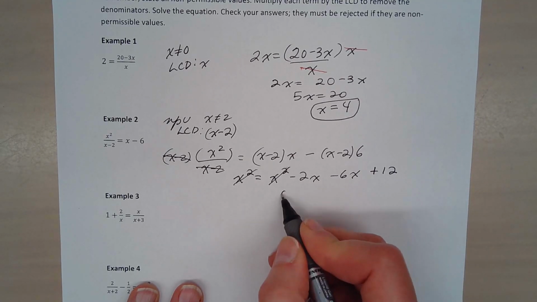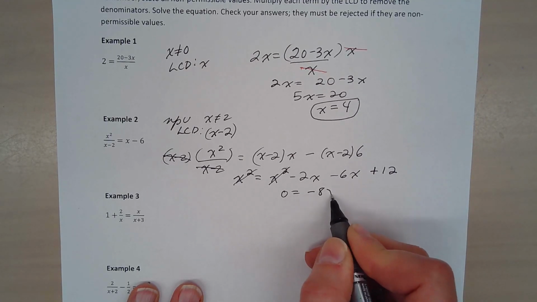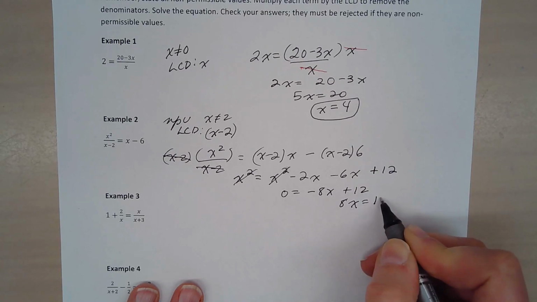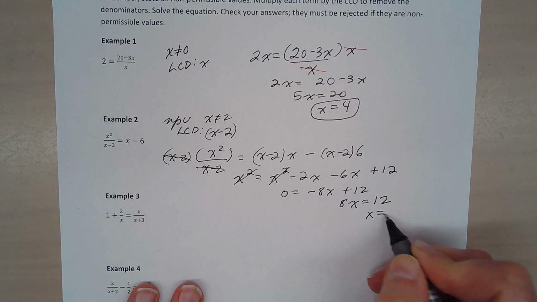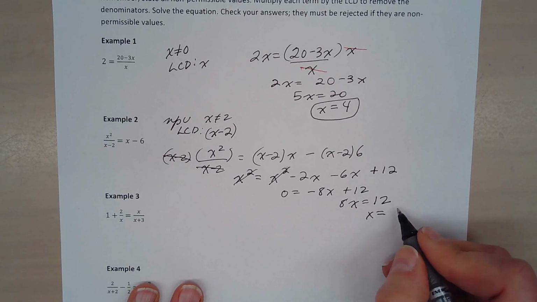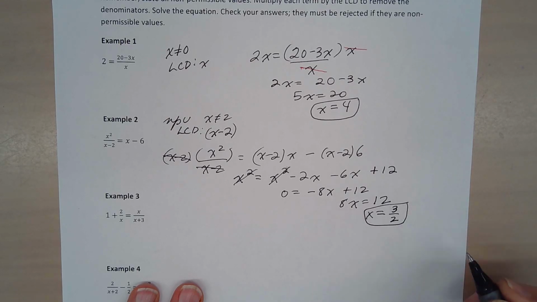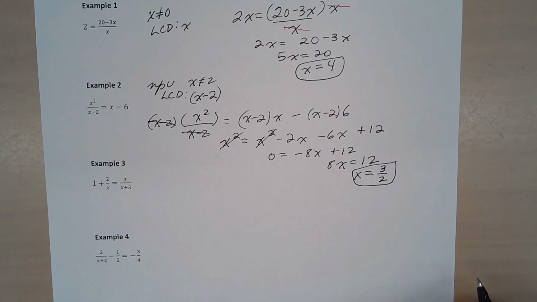So I'll get 0 equals negative 8x plus 12. 8x is positive 12. So x equals 12 over 8, 3 over 2, if I simplified. Either way, you could even leave it as 12 over 8, actually. Are we good?